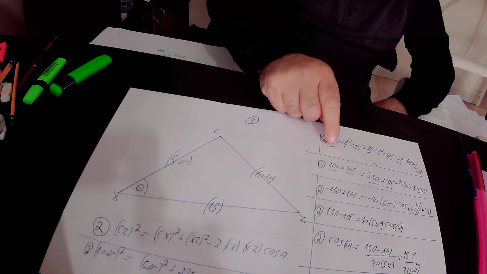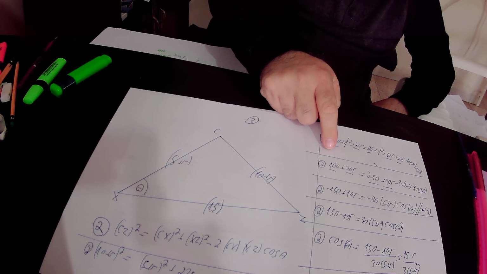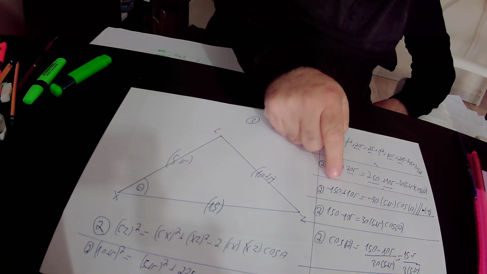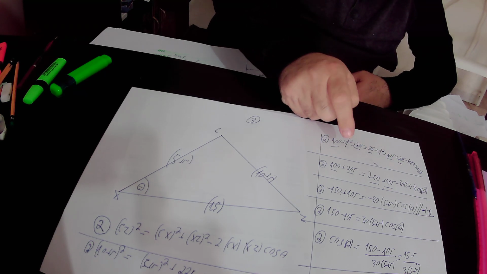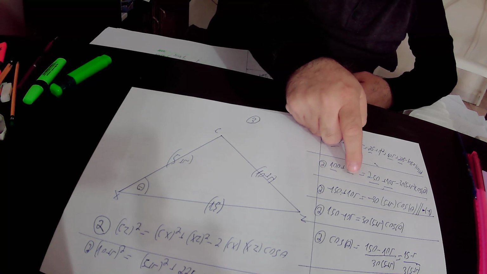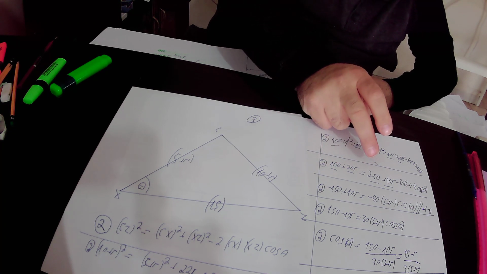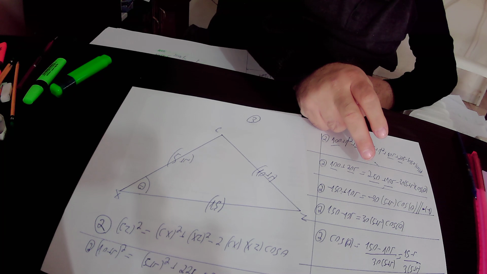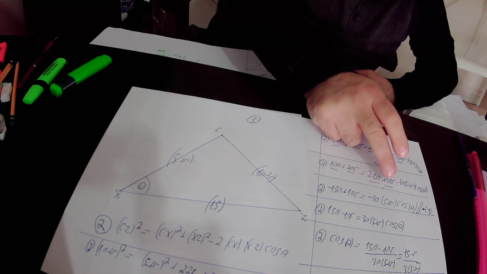Here we subtracted 250 from this equation, so 100 minus 250 is minus 150, and we also subtracted 10r from this equation, equation number 2, so 20r minus 10r is 10r. So on this side of equation number 2 we have minus 150 plus 10r, and on the other side of equation number 2 we are left only with minus 30 times 5 plus r times cosine theta.